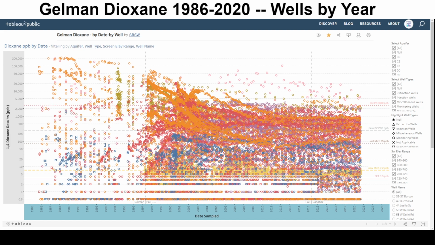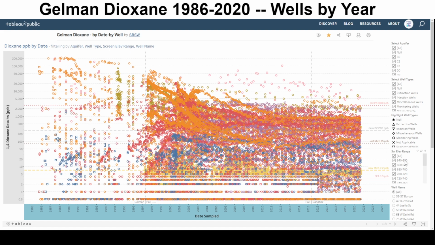So here we have all of that, all the dioxane readings we can plot by year, by well. We also can filter it by which aquifer Gelman designated it as, which type of well it was, and we can show the different symbols for the different types of wells.